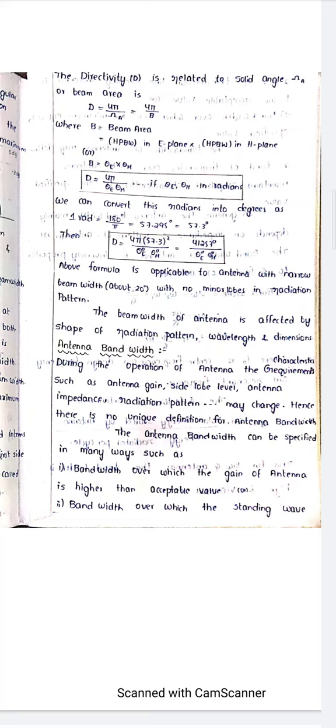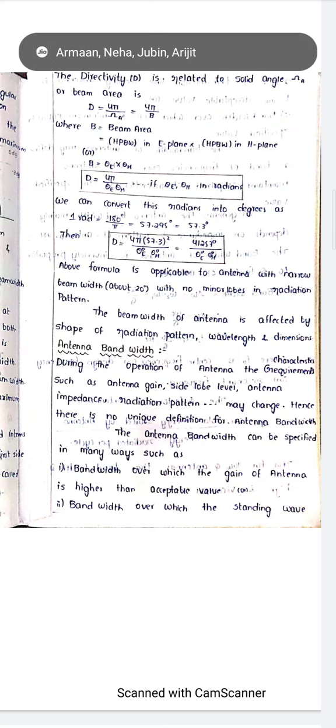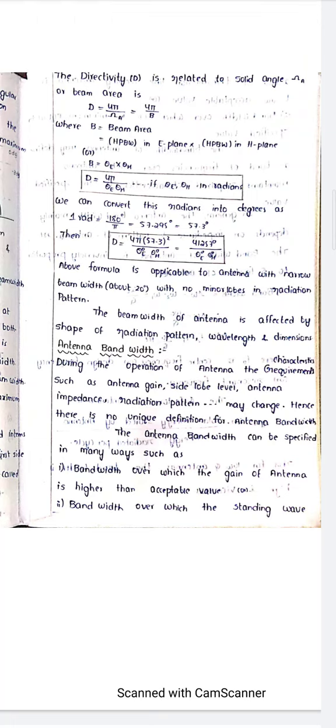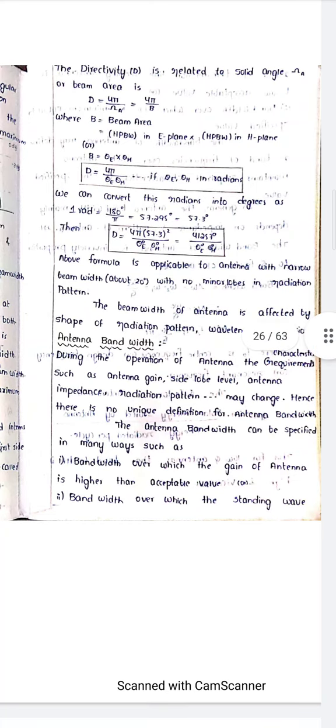First one is antenna gain, then second one is side lobe levels, meaning how much radiation can pass from the origin to a certain distance. Next one is antenna impedance, which is called Z. The radiation pattern may change.